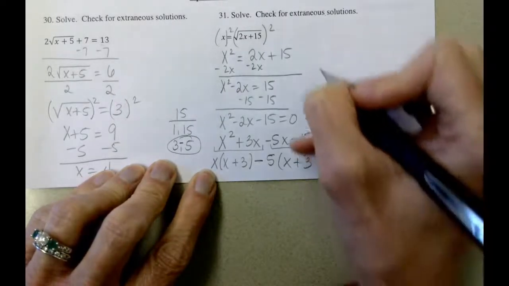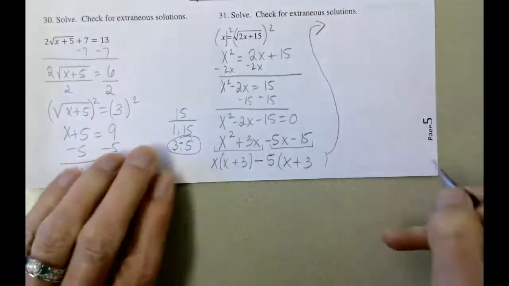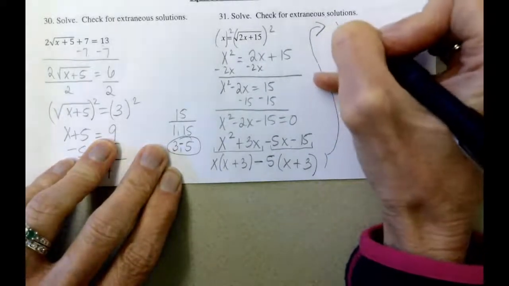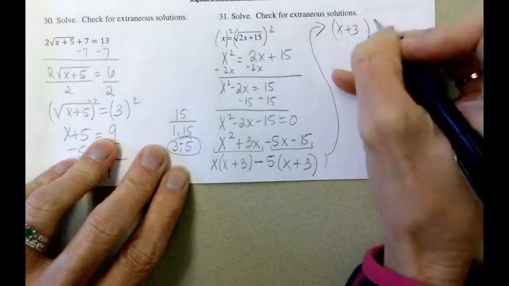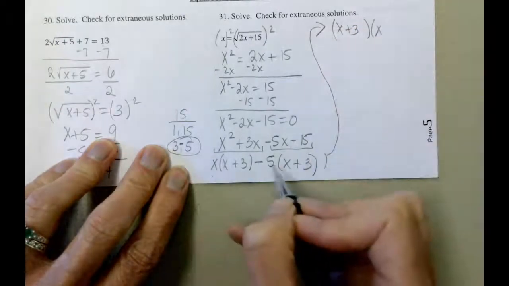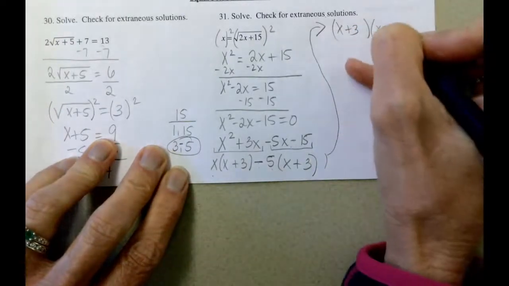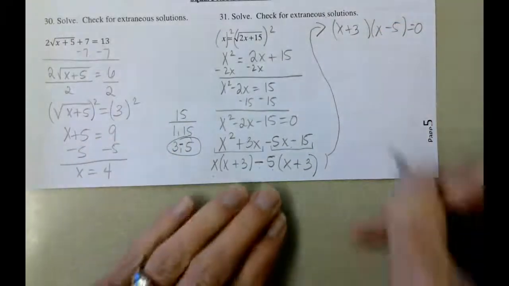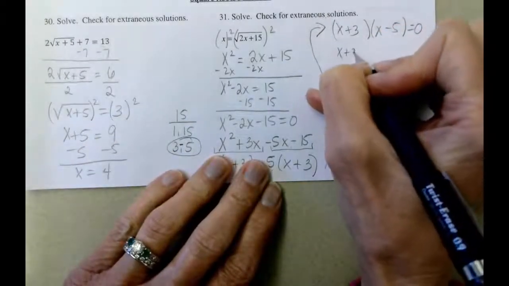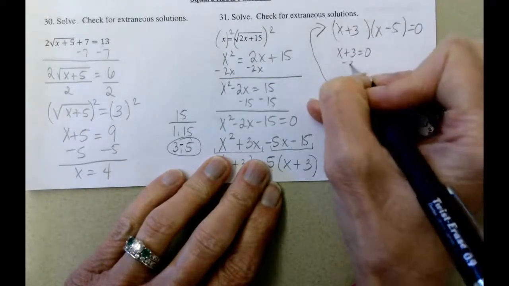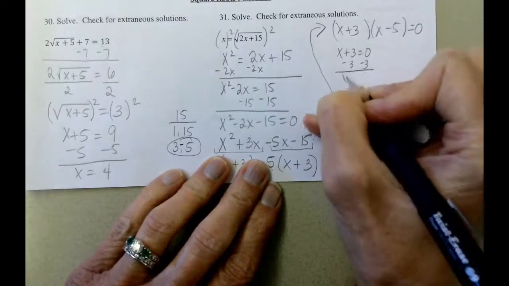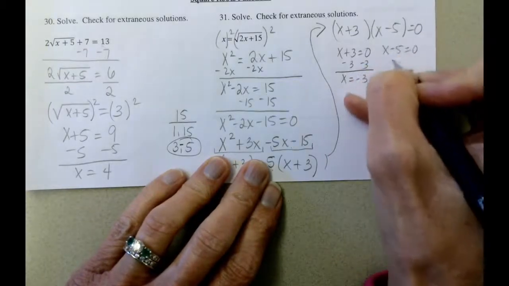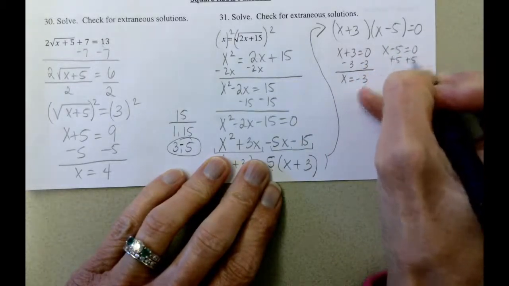So ultimately, when we finish factoring here, what we end up with is x plus 3, which is in both groups, and then an x minus 5. And that equals 0. So we're going to take each of these factors. X plus 3 equals 0, and we're going to subtract 3 from both sides. We can take x minus 5 and set it equal to 0. We're going to add 5 to both sides.